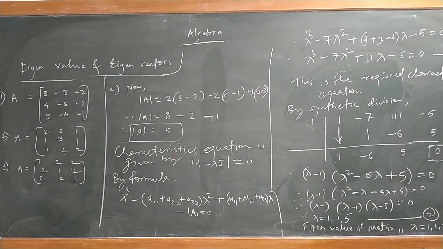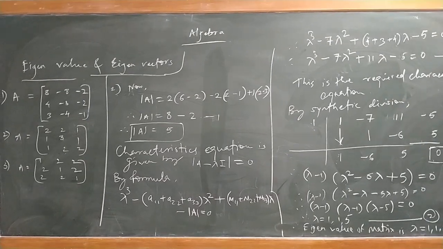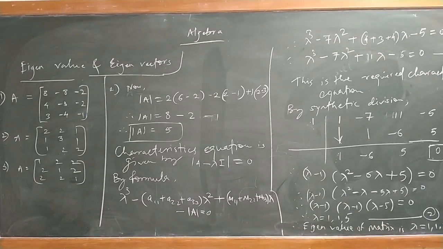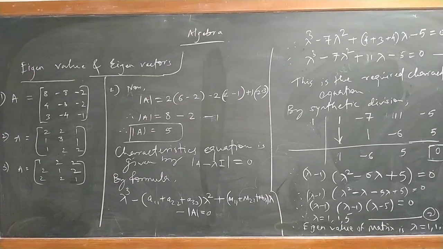Okay, so this is the part where we find the eigenvalues of a given matrix: 1, 1, 5. This is the first part of solving the eigenvalues and eigenvectors problem.